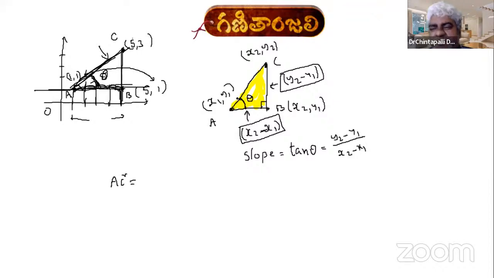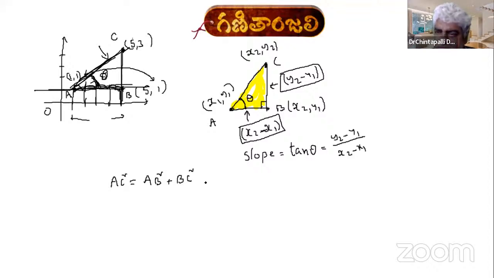AC is the hypotenuse. AC square is equal to side square plus side square, that means AB square plus BC square, right?